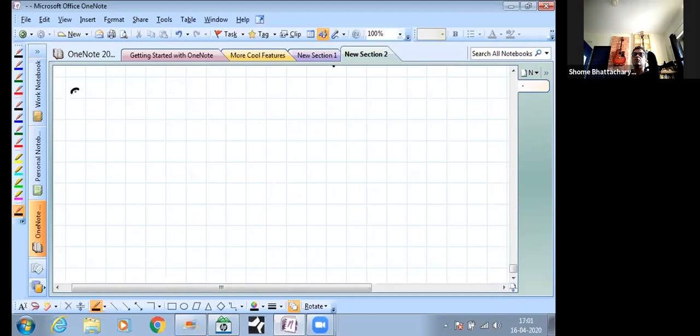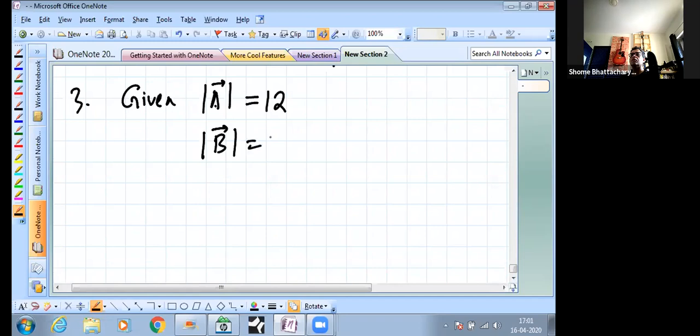The third question says that you are given the condition that the magnitude of vector A is 12, the magnitude of vector B is 5, and the magnitude of vector C is 13, and that A plus B is equal to the vector C.